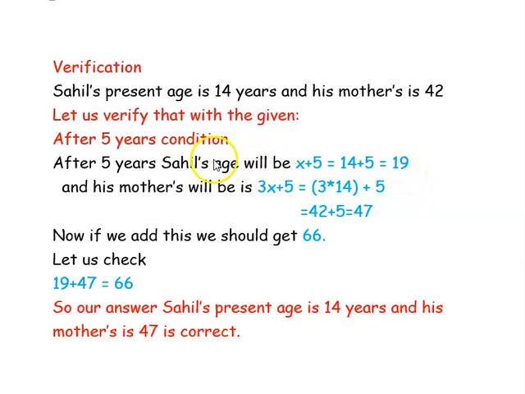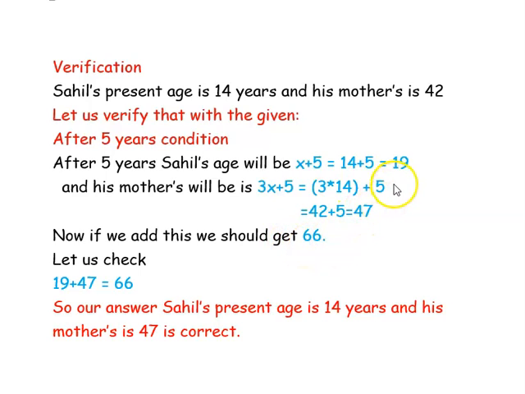So Sahil's age after 5 years will be 19 and his mother's age after 5 years will be 3x plus 5. Instead of x we are going to substitute 14. So 3 times 14 is 42, plus 5 is 47. So after 5 years Sahil's mother's age will be 47. Now in our question it is given that after 5 years if you add both of their ages you should get 66.